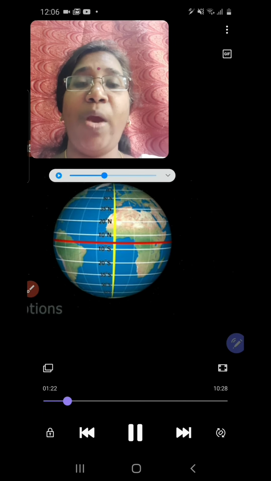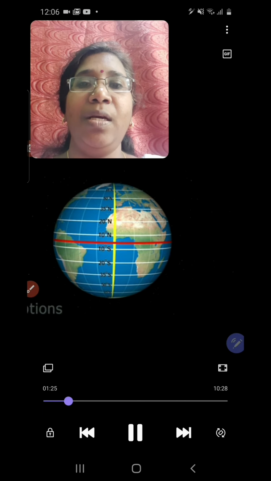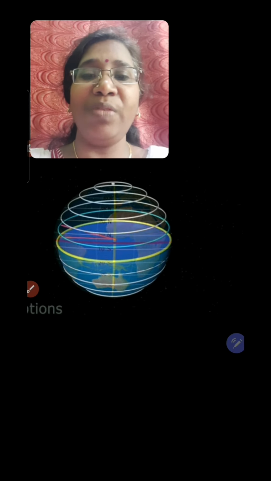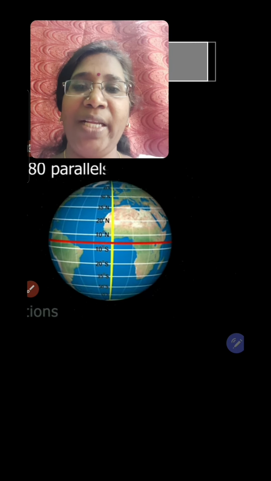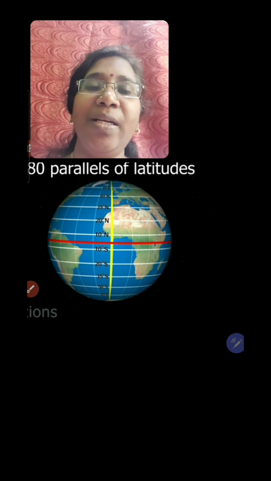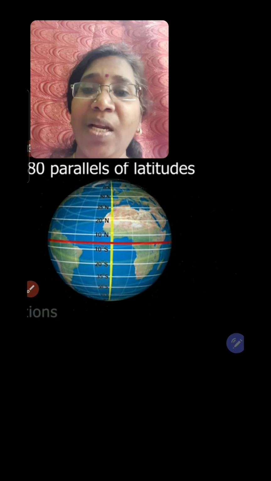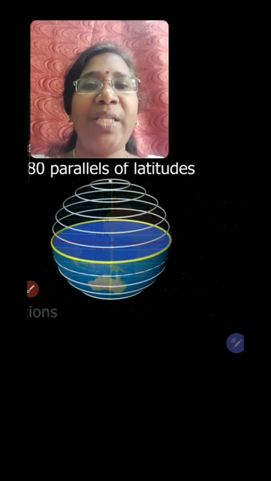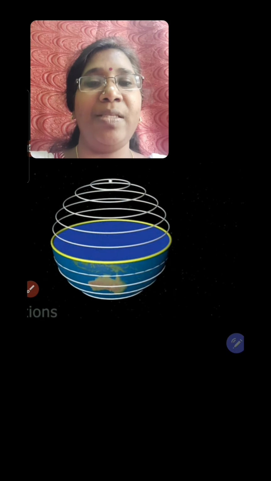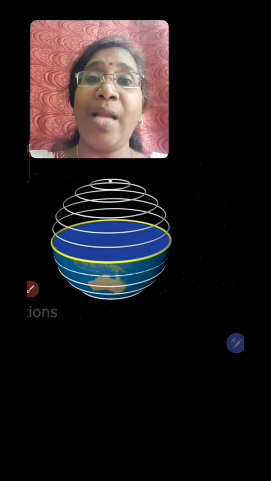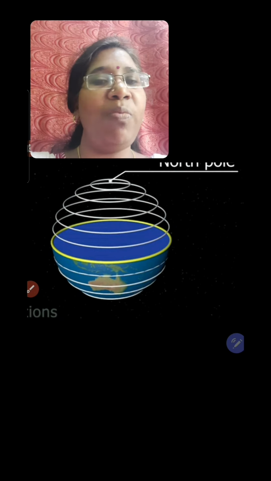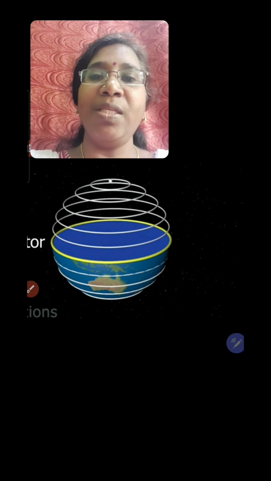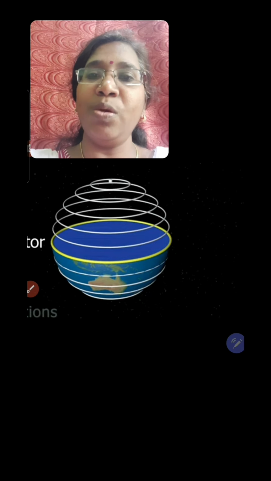So what are the important points to be remembered? All the parallels of latitude are angular distances north or south of the equator. There are 180 parallels of latitude, including the equator, making 181 parallels of latitude. Now, all the parallels of latitude are not of equal size. The equator is the largest circle or parallel of latitude, then as you move from the equator to the pole, the size of the circles goes on decreasing.